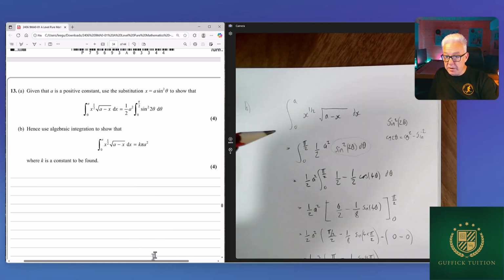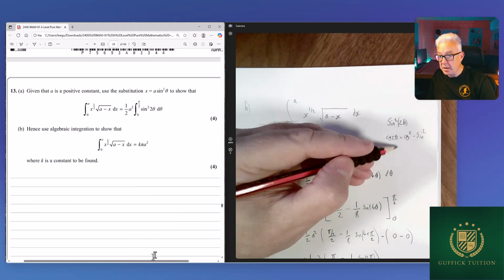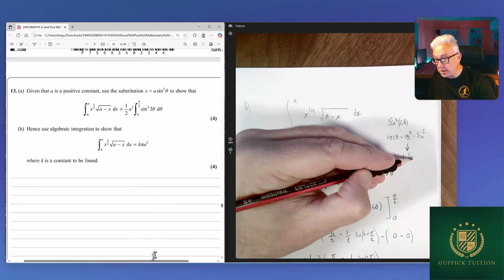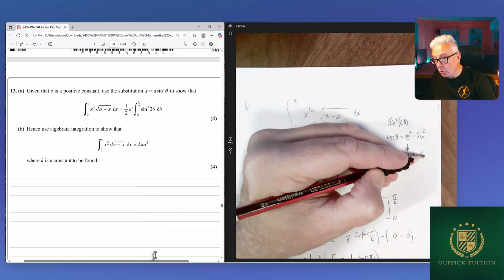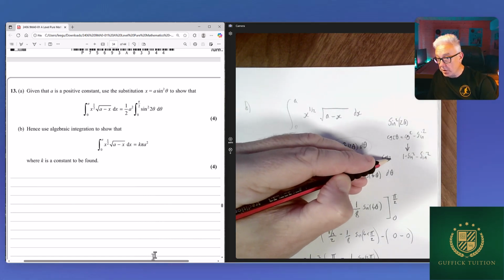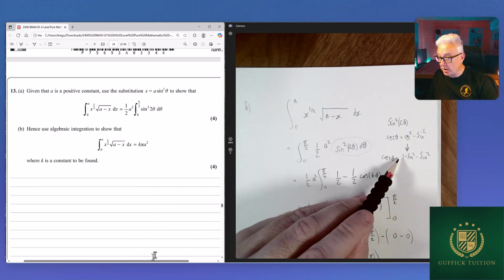Then because we're aiming to replace everything here with sine squared, you would replace this cos squared with 1 minus sine squared, giving you 1 minus sine squared minus sine squared. So you now get that cos 2 theta is equal to 1 minus 2 lots of sine squared.